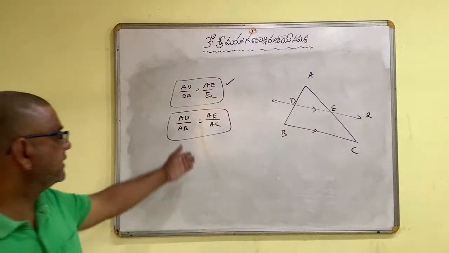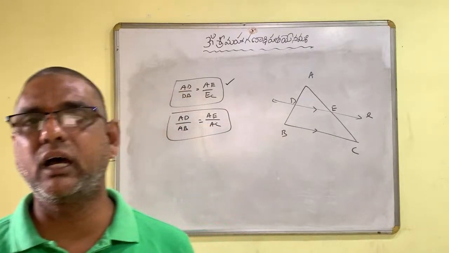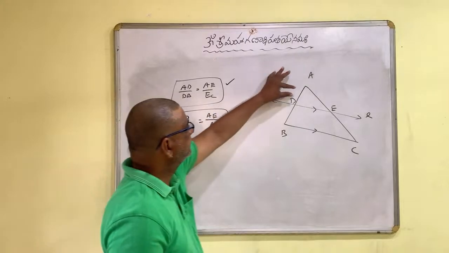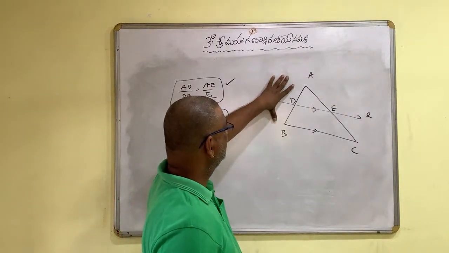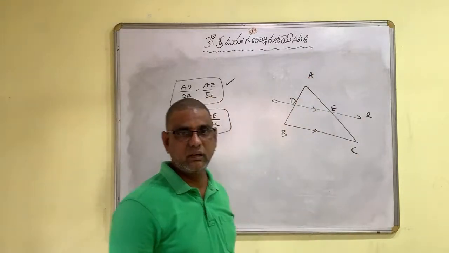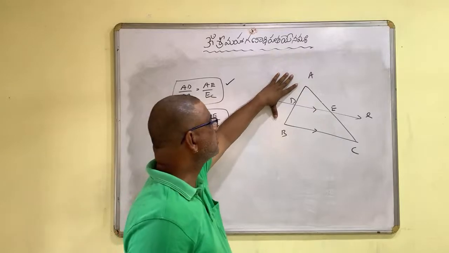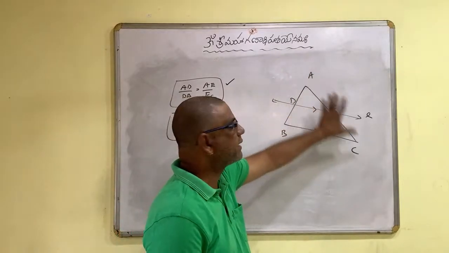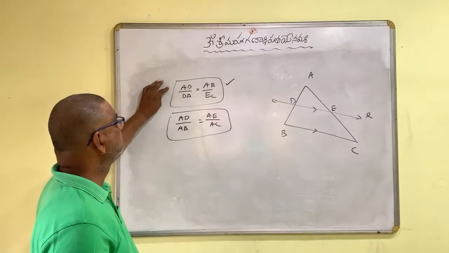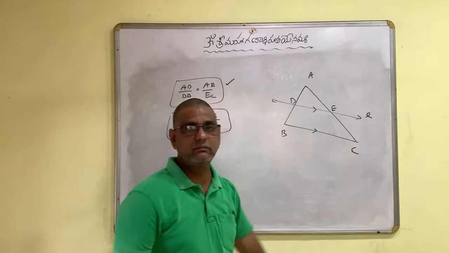Okay na? How did this happen? You don't need the proof. There is a proof, but why get confusions, directly you know it. First part of AB by total equals first part of AC by total. This is only the parts ratio, AD by DB equals AE by EC.